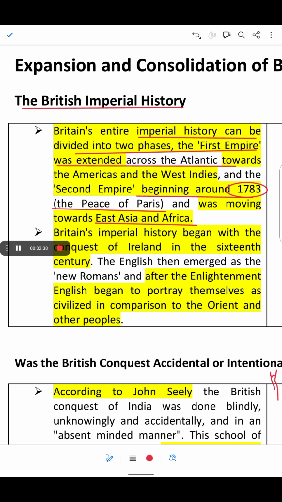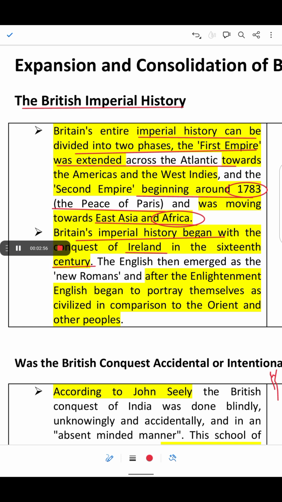Now the British would mainly focus on expanding their territories towards East Asia and Africa. Britain's imperial history began with the conquest of Ireland in the 16th century.